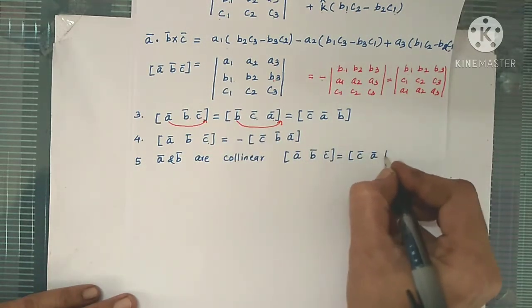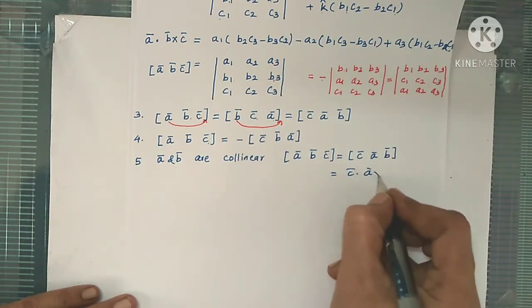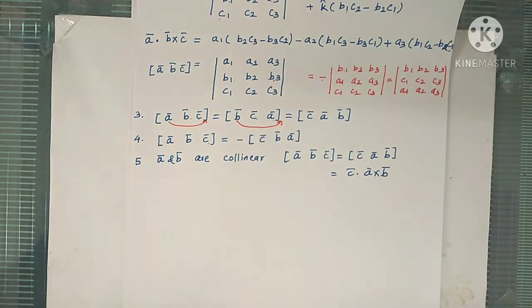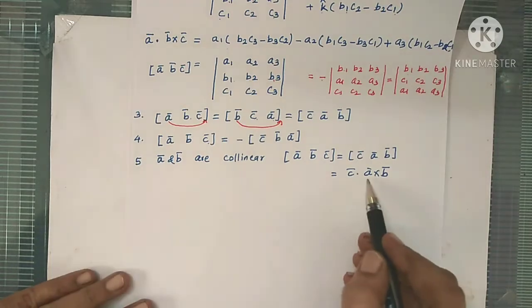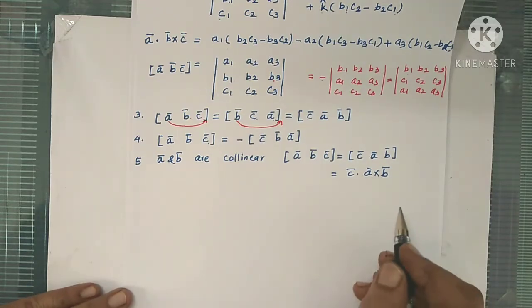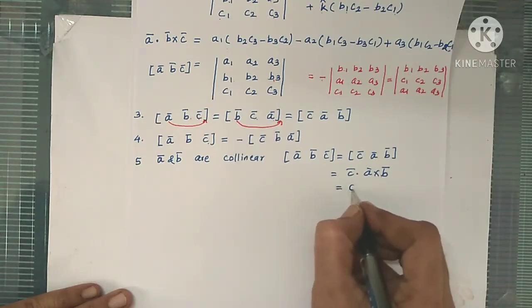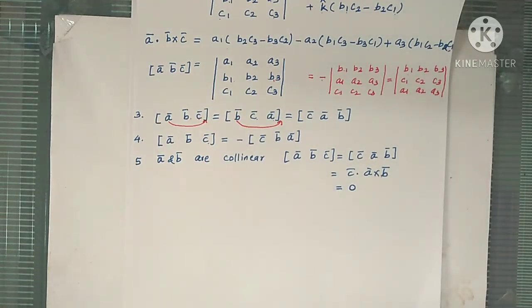So this becomes C bar dot A bar cross B bar. Now A bar and B bar are collinear, that means they are parallel, that means the angle between them is 0. So this is AB sin theta n cap, and theta is 0, that means sin theta has value 0. So this becomes the 0 vector, so the dot product becomes 0. It is a scalar quantity, so it is 0. That means if any two of the vectors are collinear, then the scalar triple product is 0.